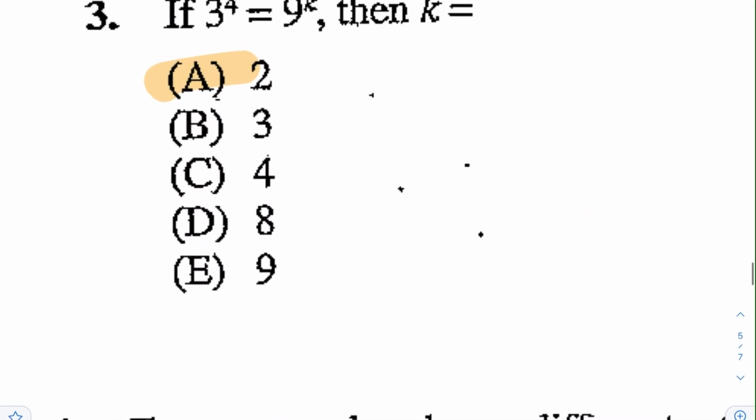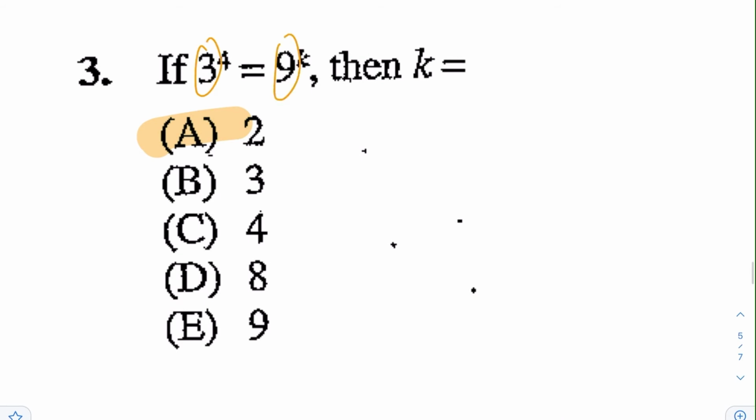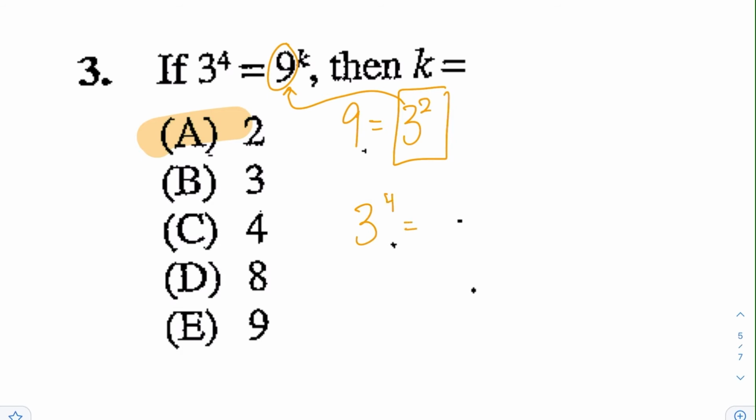For number 3, if 3 raised to the 4th power is equal to 9 raised to the k, then k is equal to. So here, notice that the bases are different, so you can't really do this question. But fortunately, you know that 9 is equal to 3 squared. So you can replace the base with 3 squared. That will give you 3 to the 4th is equal to 3 squared raised to the k power.